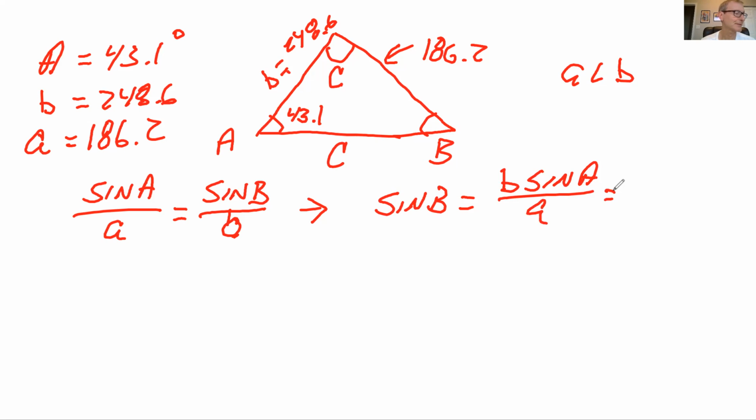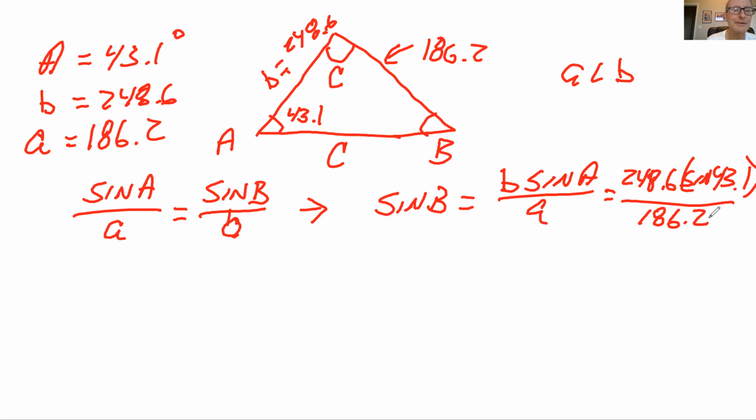When you plug this in, this is what you get: 248 and some change times sine of 43.1, all divided by 186. You would think, hey, you just get your calculator out, and that is true. You would find what the value is, because B would be the sine inverse of this mess.